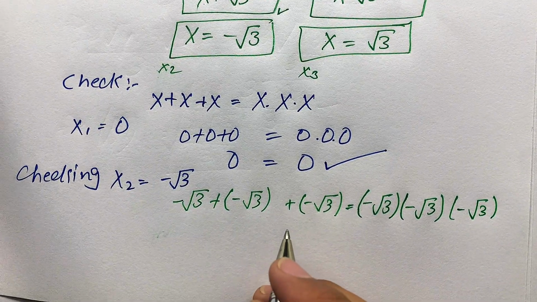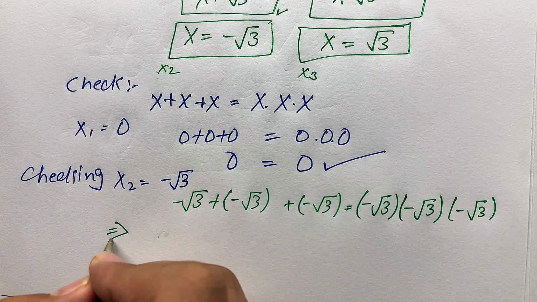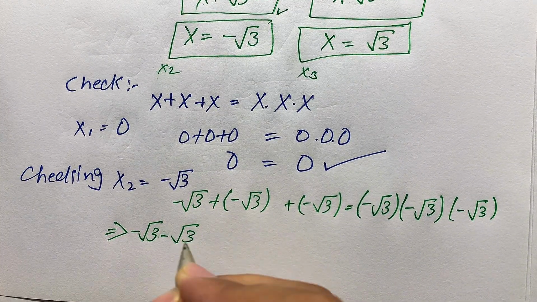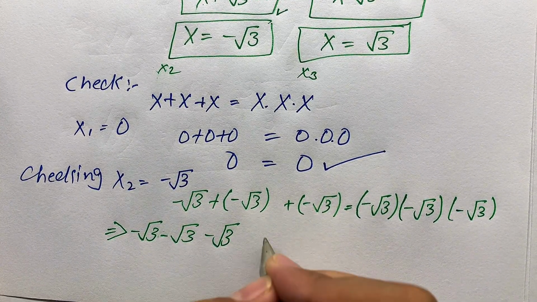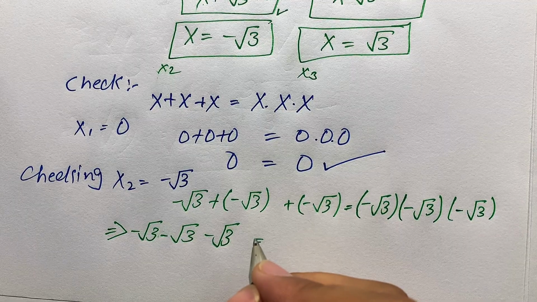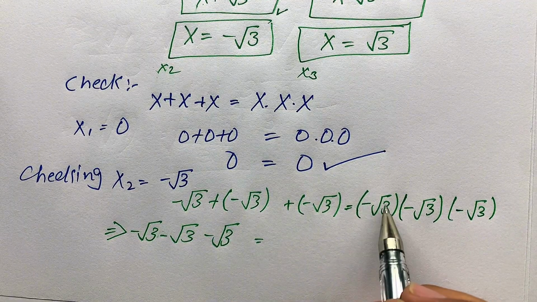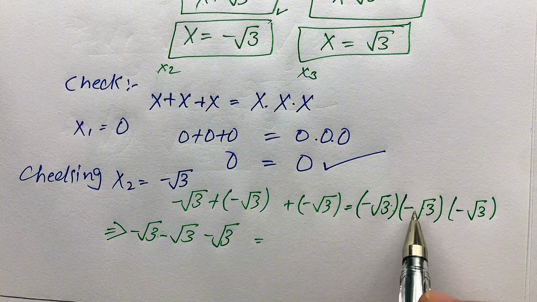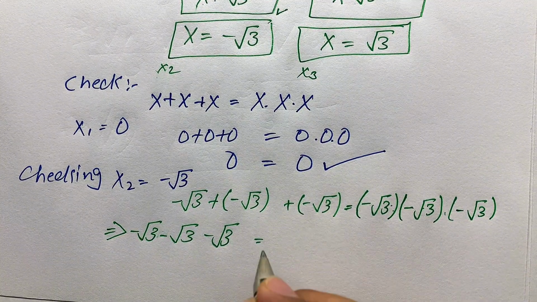So this minus under root 3 minus under root 3 minus under root 3 is equal to, this will be under root of 3 into square minus under root 3.